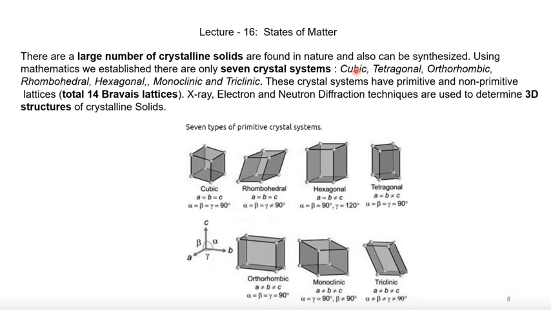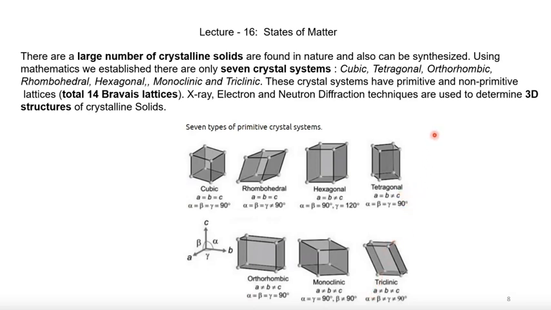These 7 crystal systems are cubic, tetragonal, orthorhombic, rhombohedral, hexagonal, monoclinic, and triclinic. We are always talking about a three-dimensional regular arrangement, so we have to determine the three-dimensional structure of solids. For that we need X-ray, electron, and neutron diffraction techniques. These are the 3 techniques really used to determine the three-dimensional structure of solids.